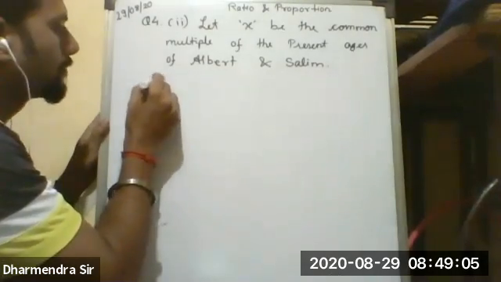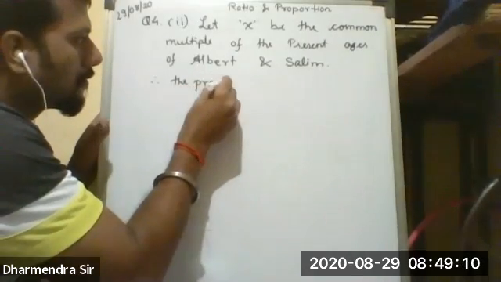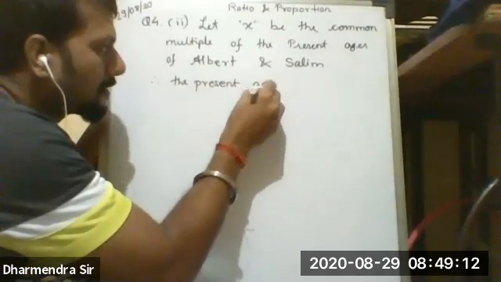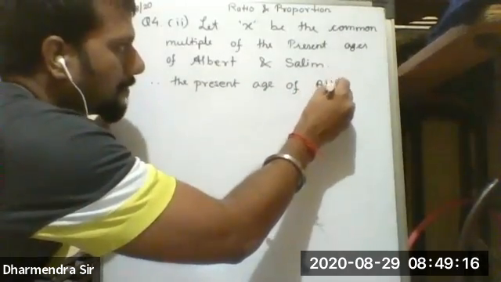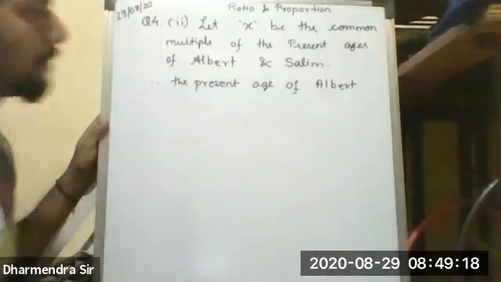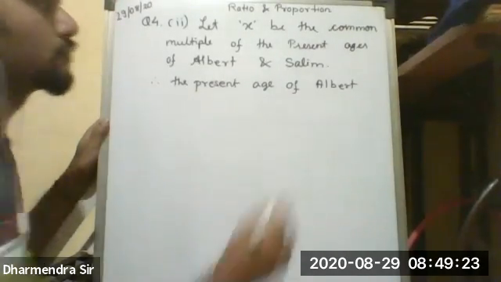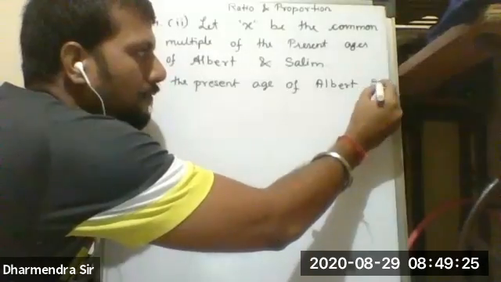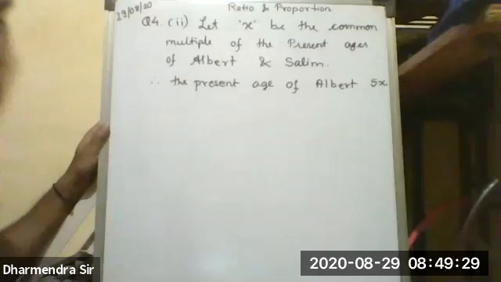So therefore, the present age of Albert, as it is given 5 is to 9, will become 5x, because they have mentioned Albert first and Salim afterwards.